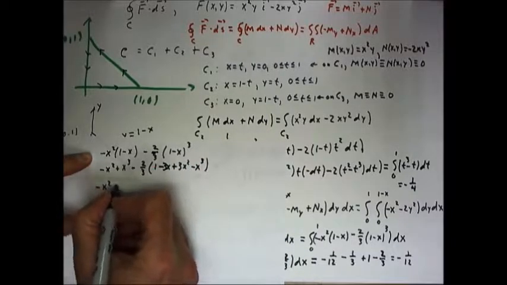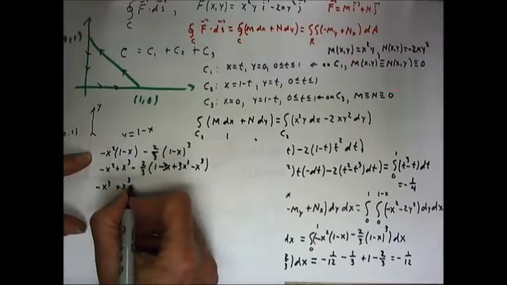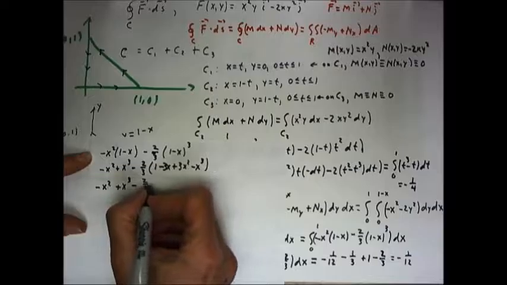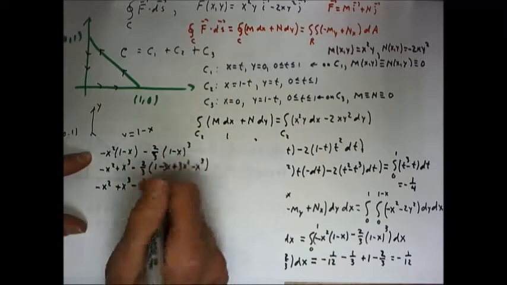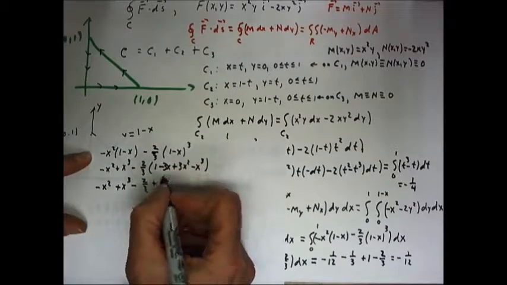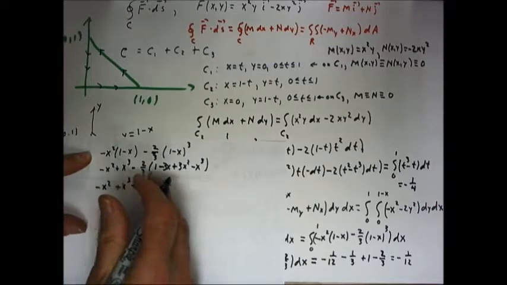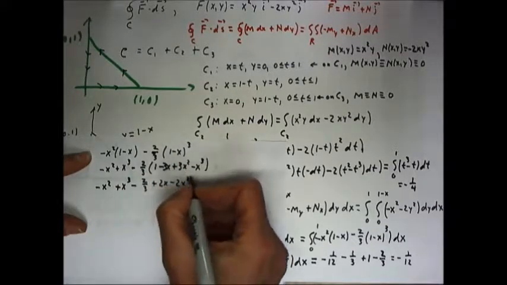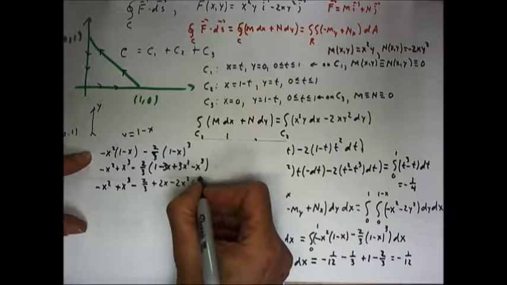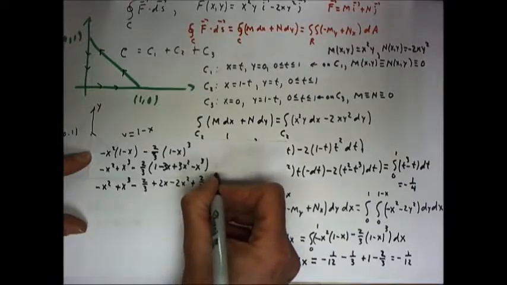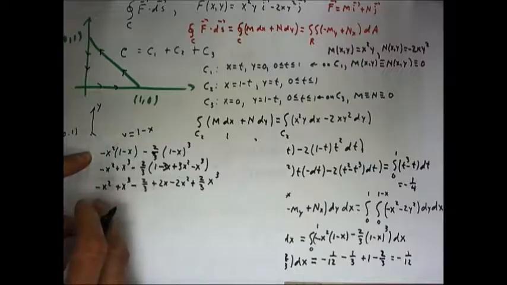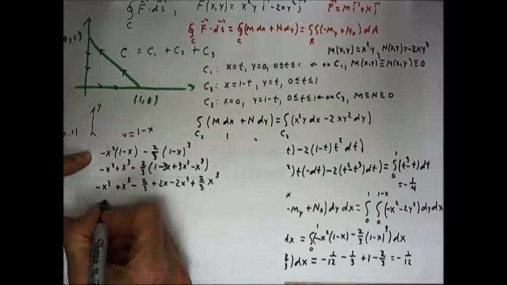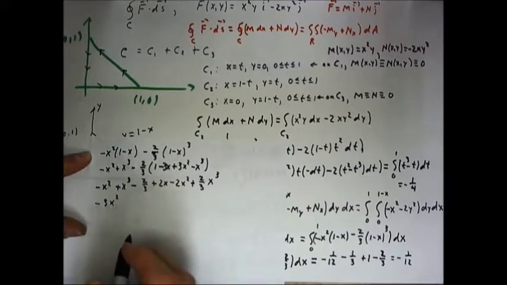So I have negative x squared plus x cubed minus 2/3 plus 2x, then minus 2x squared, and then plus 2/3 x cubed, which gives me negative x squared and negative 2x squared is negative 3x squared.